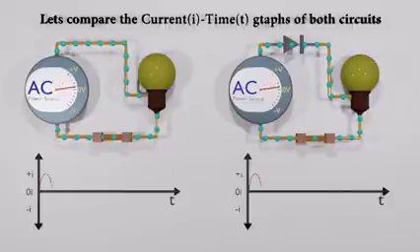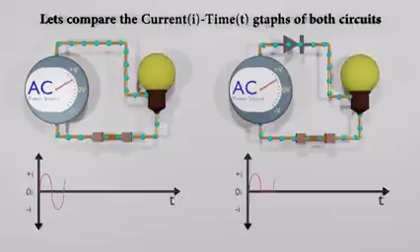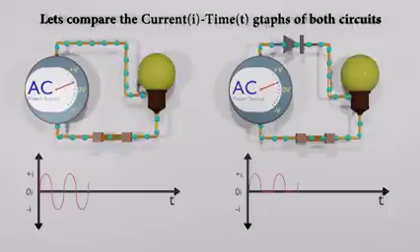Let's graph the current on both circuits. You can see that only half of the input wave is passed through the diode, so it is called a half-wave rectifier.